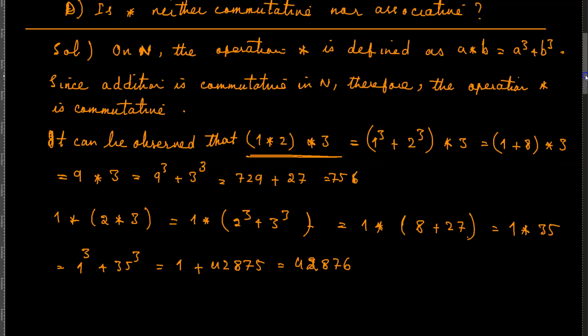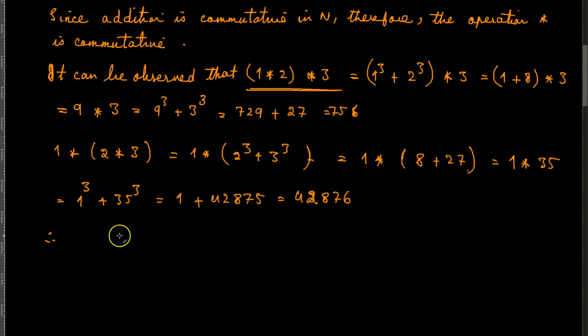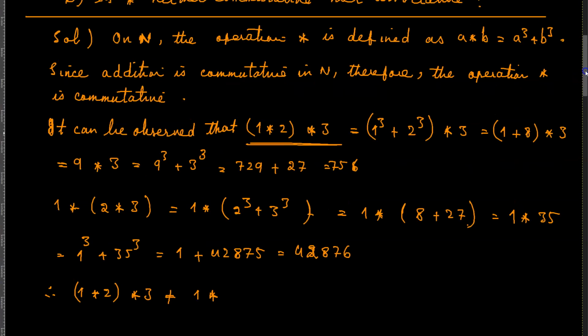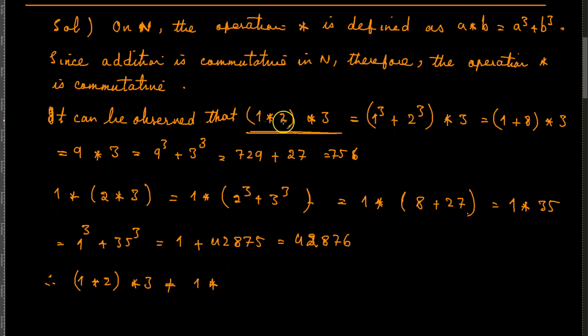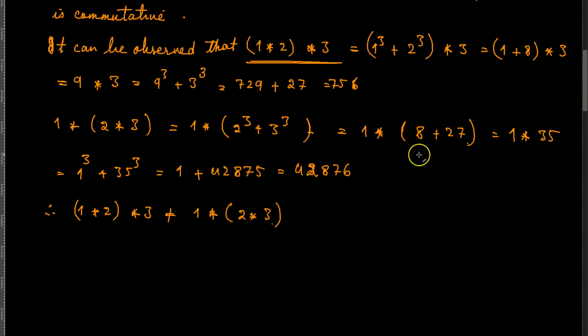And therefore you can see that (1 star 2) star 3 is not the same thing as 1 star (2 star 3). So over here we had (1 star 2) star 3, and over here we had 1 star (2 star 3), which means that star is not associative, and this is where, of course, 1, 2 and 3 belong to the set of natural numbers.